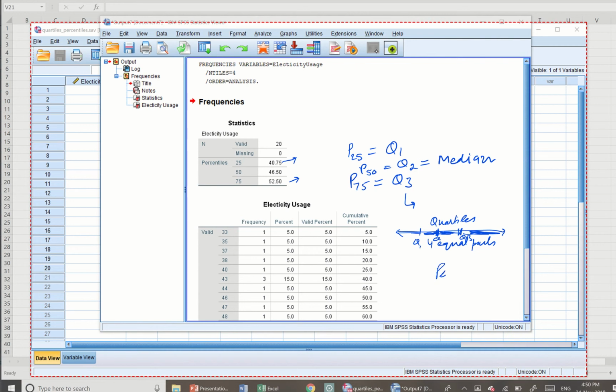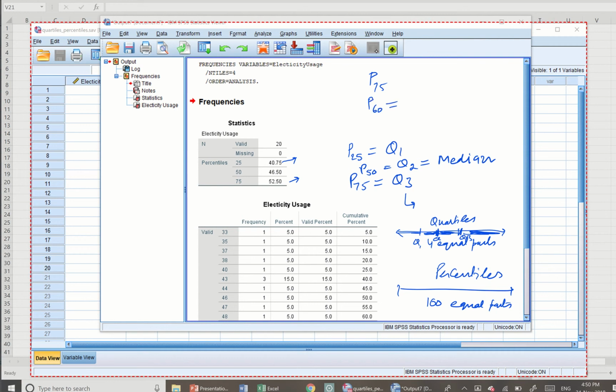Similarly, percentiles divide the series into 100 equal parts, right? So this way we can compute any percentile. So we can compute the 75th percentile, which has been computed by SPSS here, and we can also compute the 60th percentile.